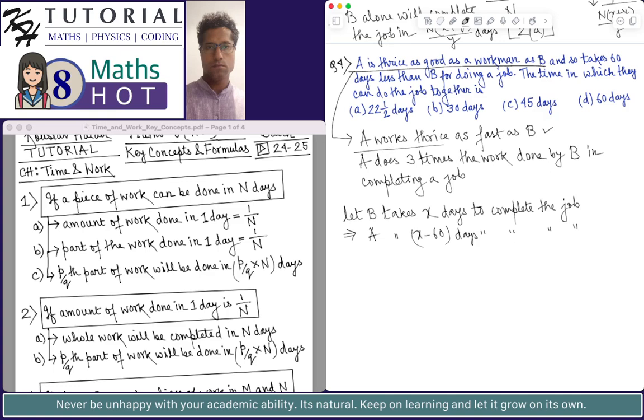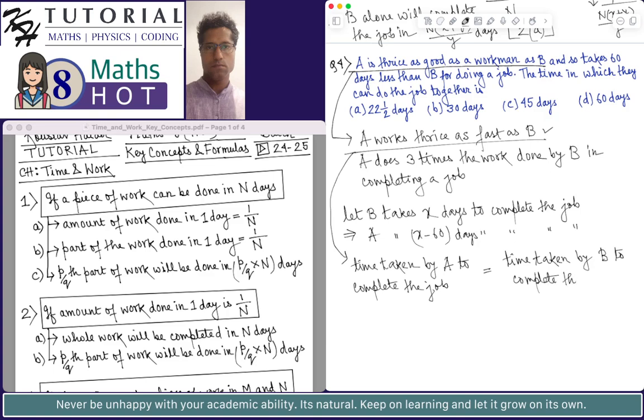So time taken by A to complete the job should be equal to time taken by B to complete the job divided by 3.